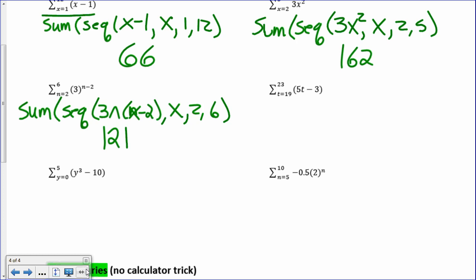Start at, I got that, and then end at 3, and then step to 1.